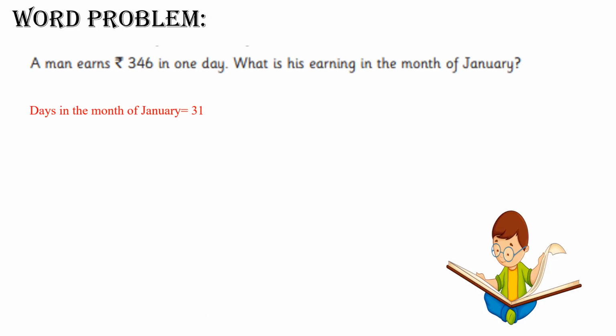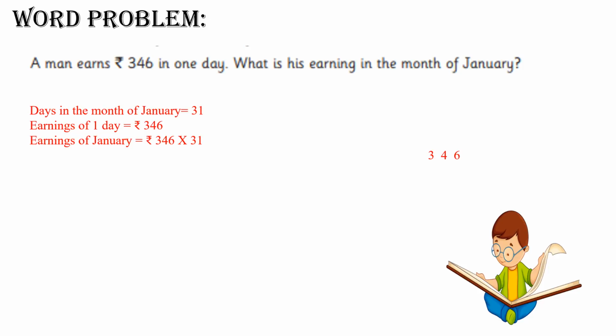So, the first statement would be days in the month of January. How many days? 31. Yes. And amount earned in one day is 346. So, let us multiply 346 into 31 to calculate his monthly earnings.